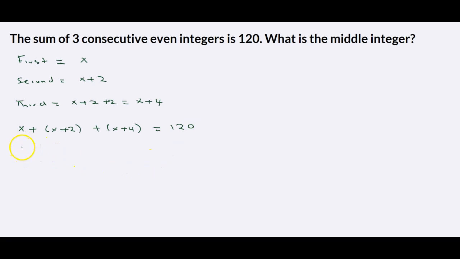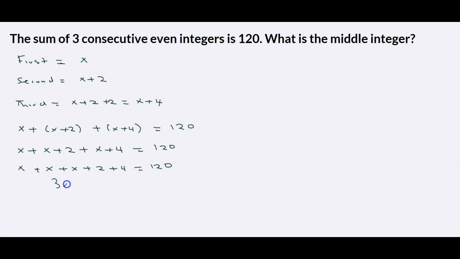So we're going to group common terms together. First of all, we're going to get rid of the parentheses. So that is x plus 2 plus x plus 4 equal to 120. And so we have x plus x plus x plus 2 plus 4 equal to 120.